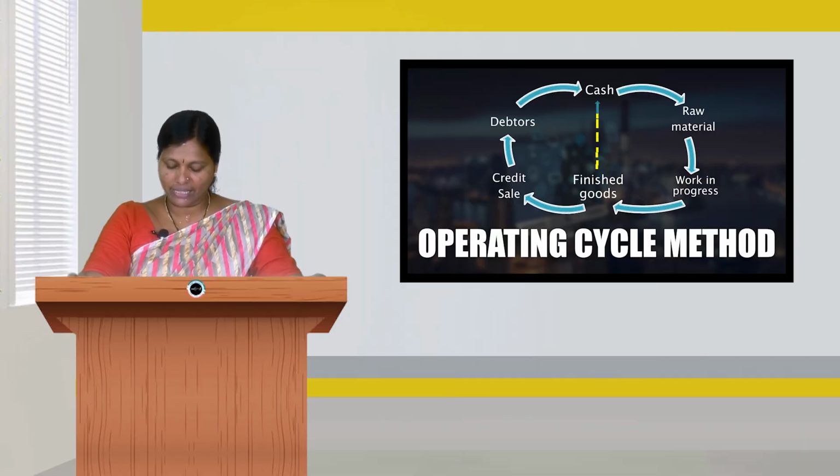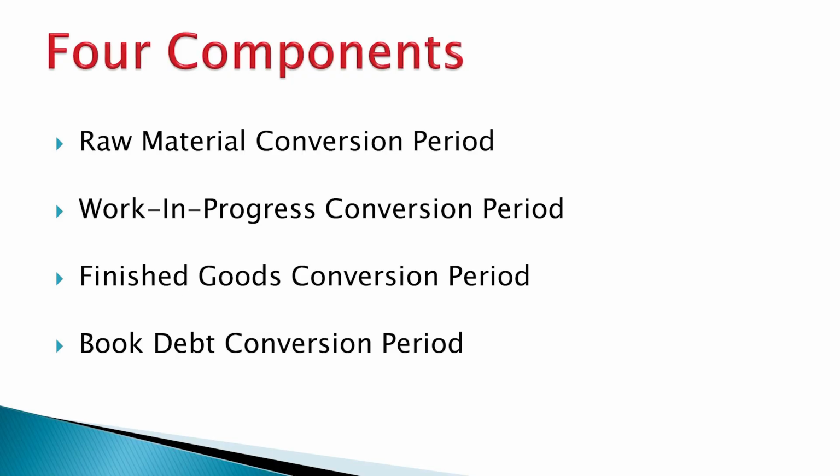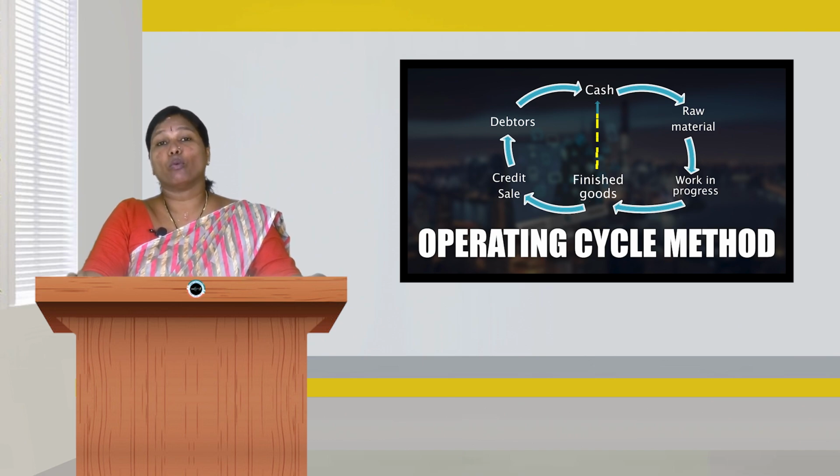With the help of this diagram, we can observe the four important components. They are raw material conversion period, work in progress conversion period, finished goods conversion period and book debt conversion period. How to calculate the working capital requirement under the operating cycle method?